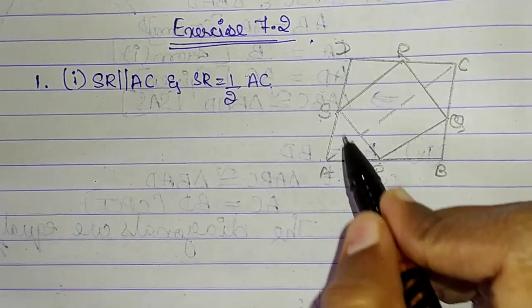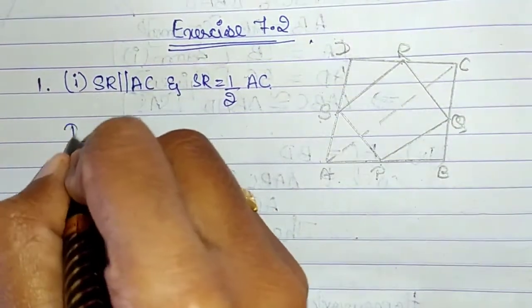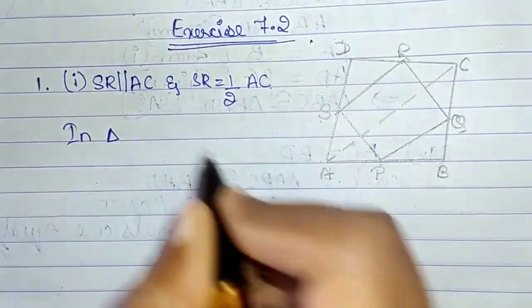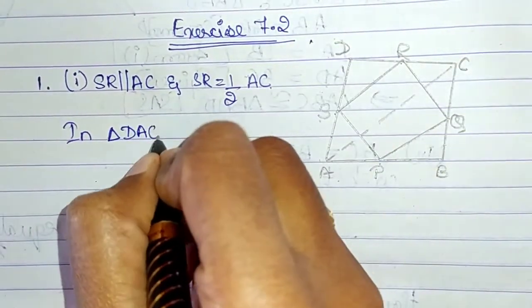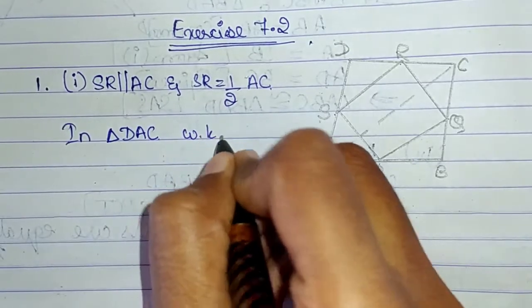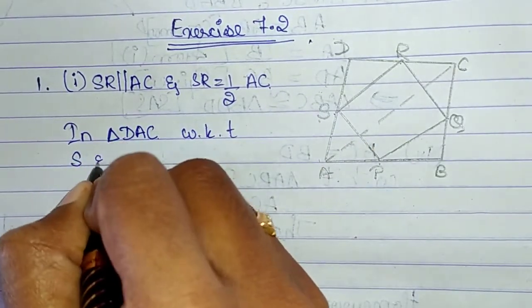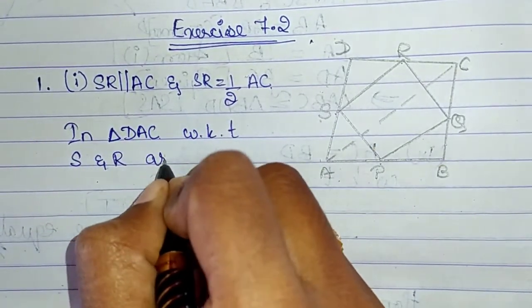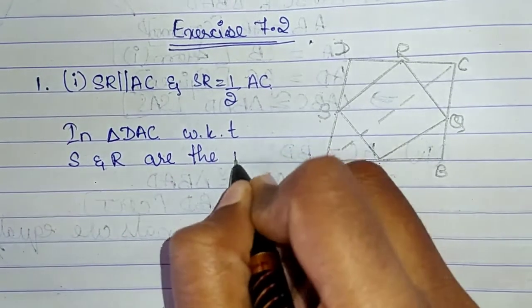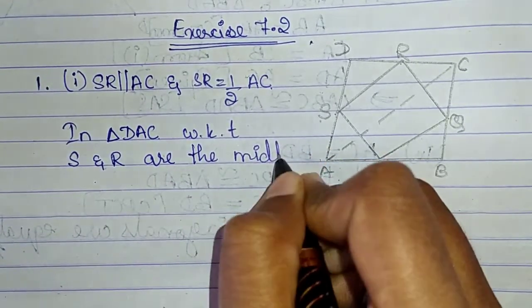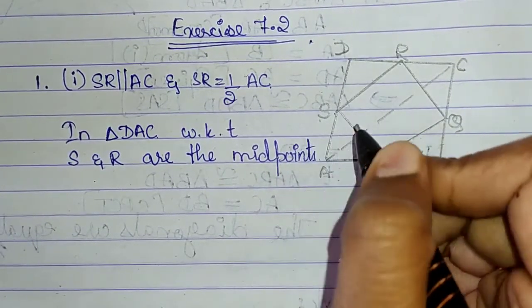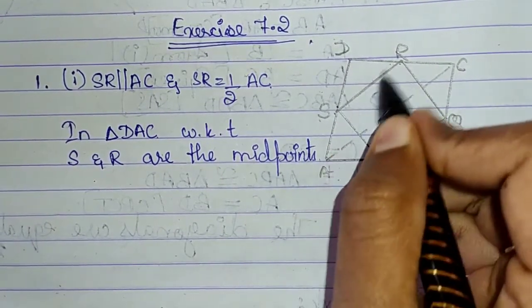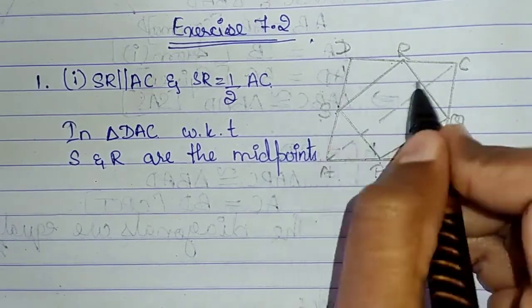So here we have triangle DAC. In triangle DAC, S and R are the midpoints, because it was given in the question that S and R are the midpoints of sides DA and CD.